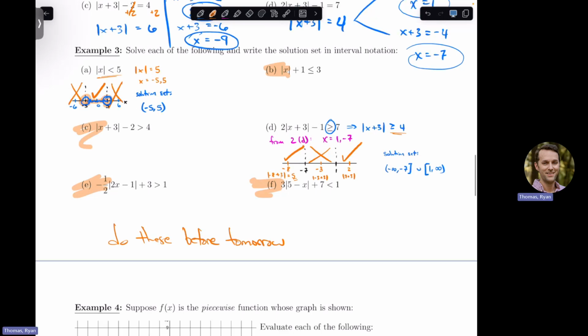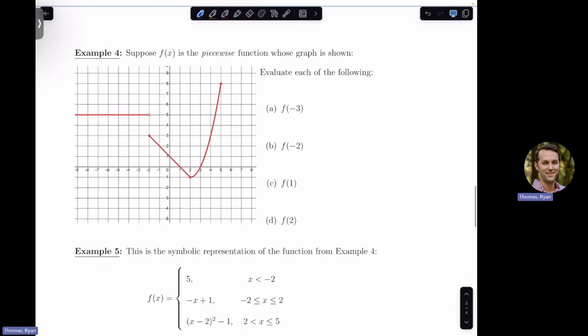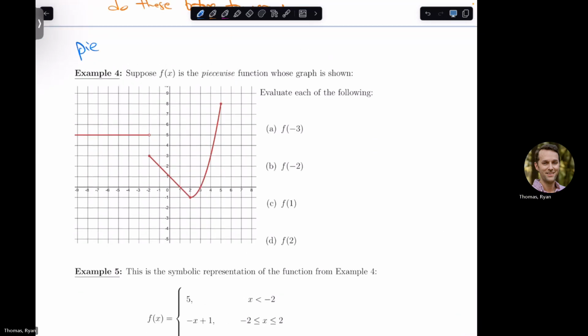One way of thinking about an absolute value function is as an example of something we call a piecewise function.